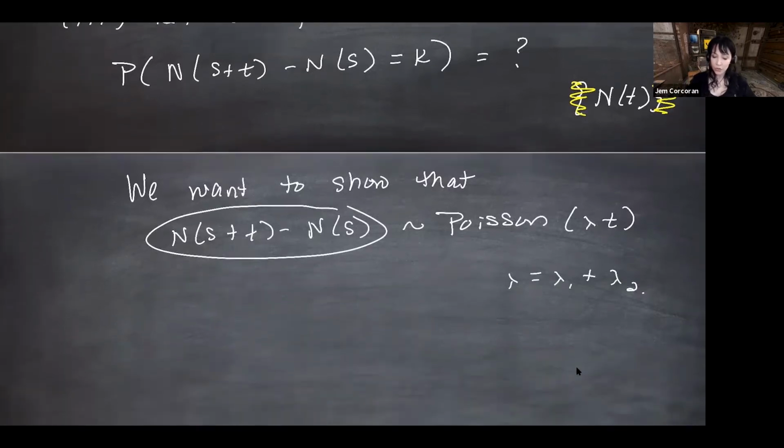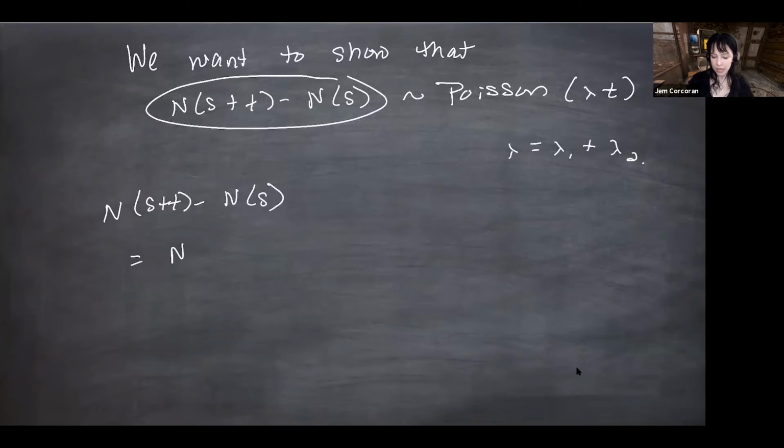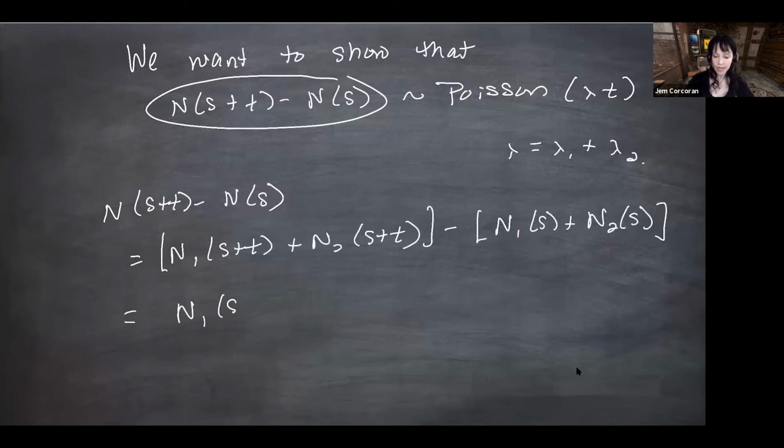And so how do we get this from our N1 and N2? We get N(S plus T) minus N(S) equals N1(S plus T) plus N2(S plus T) minus the same thing with the S, N1(S) plus N2(S). So we get N1(S plus T) minus N1(S) plus the N2 stuff.